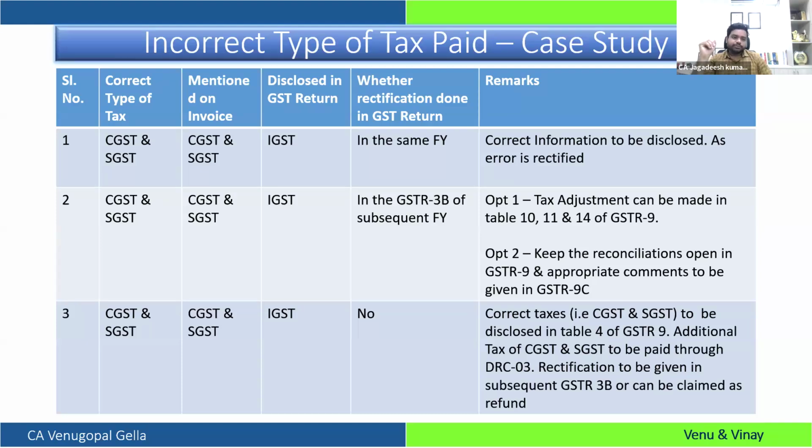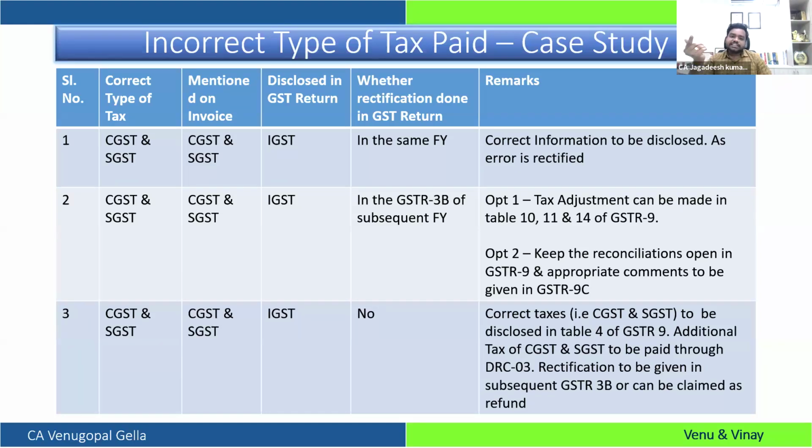Coming to the next issue, my actual liability is CGST and SGST, and in my returns I have disclosed it as IGST. On the invoice also, I have disclosed it as CGST and SGST. But the rectification is done in the subsequent year, that is from April 24 to now, in the current financial year. So here we have two options.